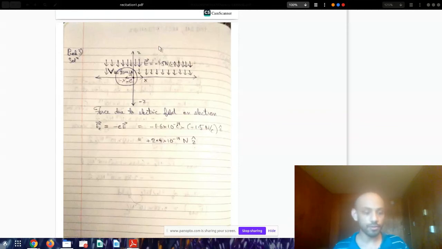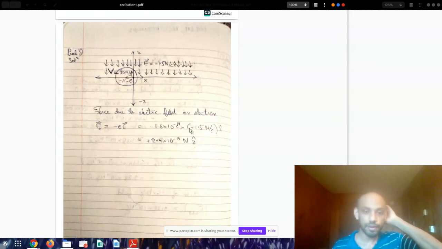So you can calculate the force on the electron due to this electric field using the relation: the force equals the charge times the electric field. So the charge of the electron is minus e, it's negative, it's minus 1.6 times 10 to the minus 19 coulombs approximately. And you just multiply that with the magnitude of the electric field vector.